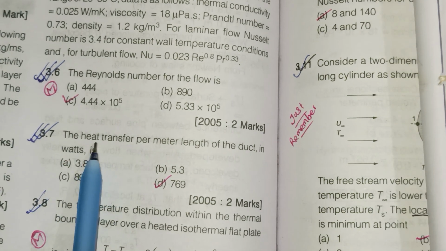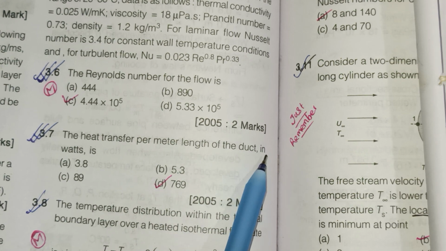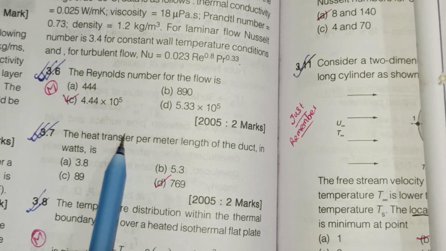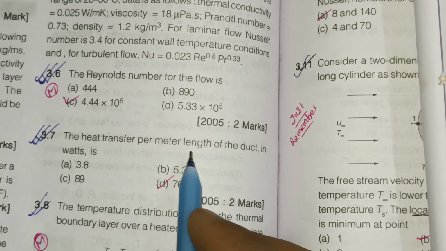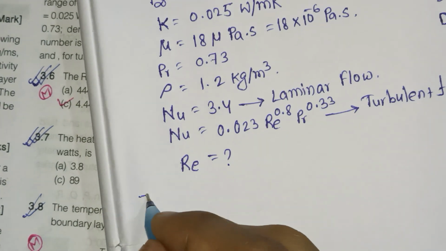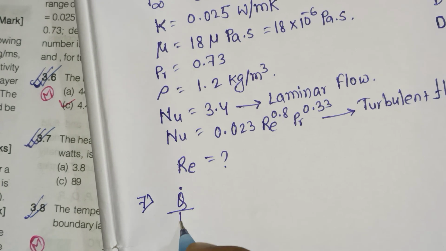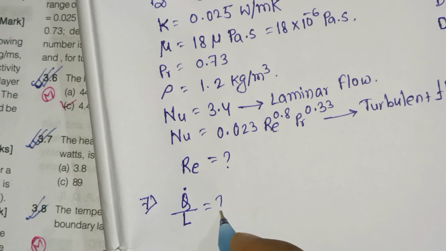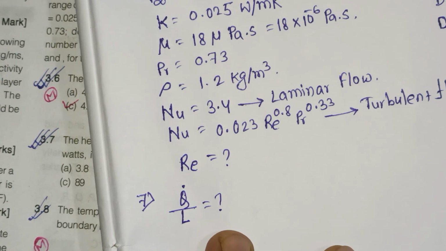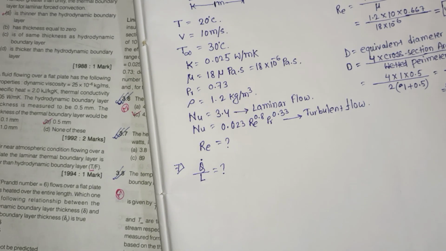The heat transfer per meter length of the duct is, you have to find out the heat transfer rate per meter length. How do you calculate?